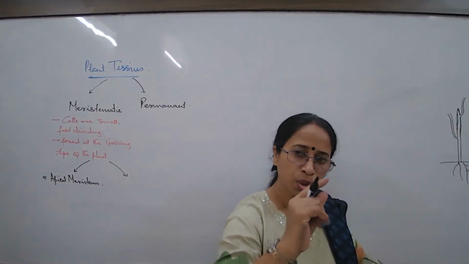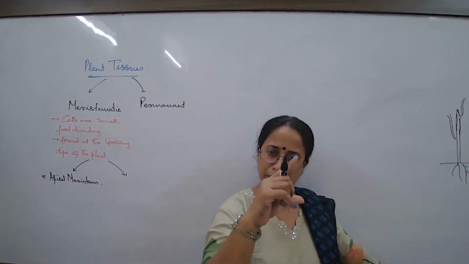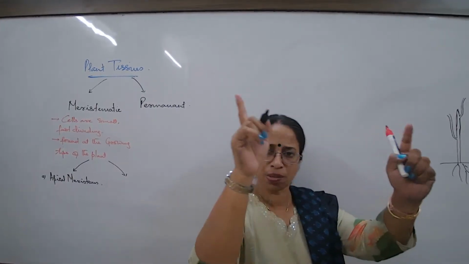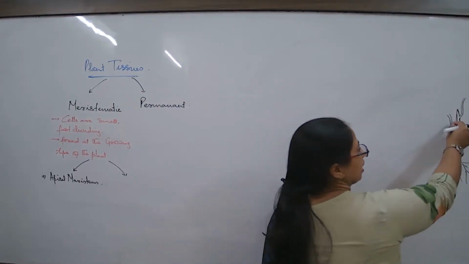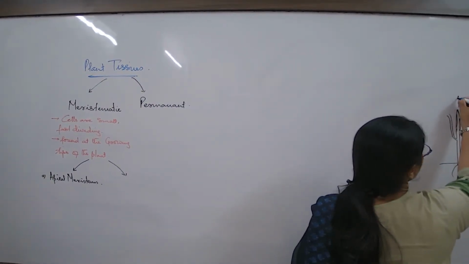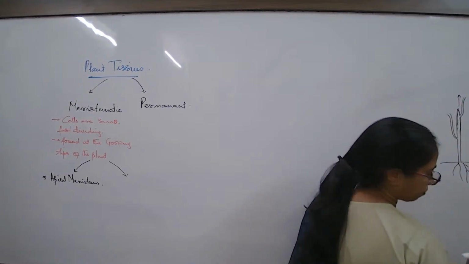The plant keeps on growing. If you have noticed the stem of a plant, it is growing and constantly giving rise to some lateral branches, and these again give rise to more branches, while the plant is constantly growing taller.